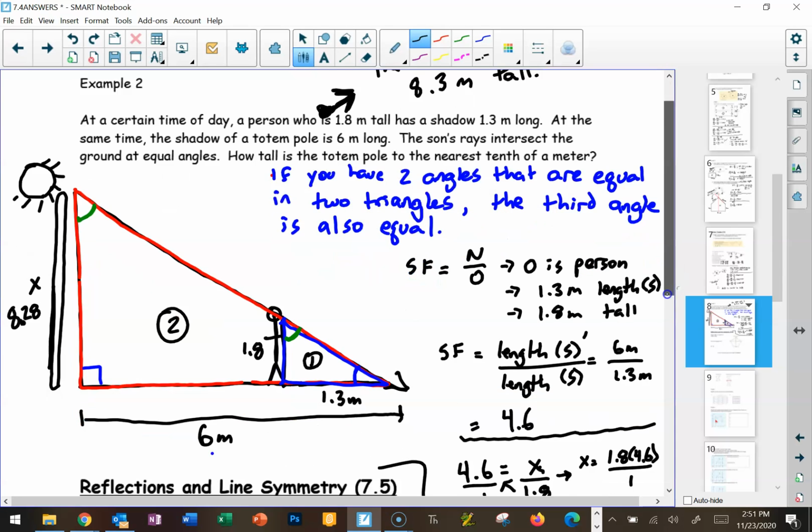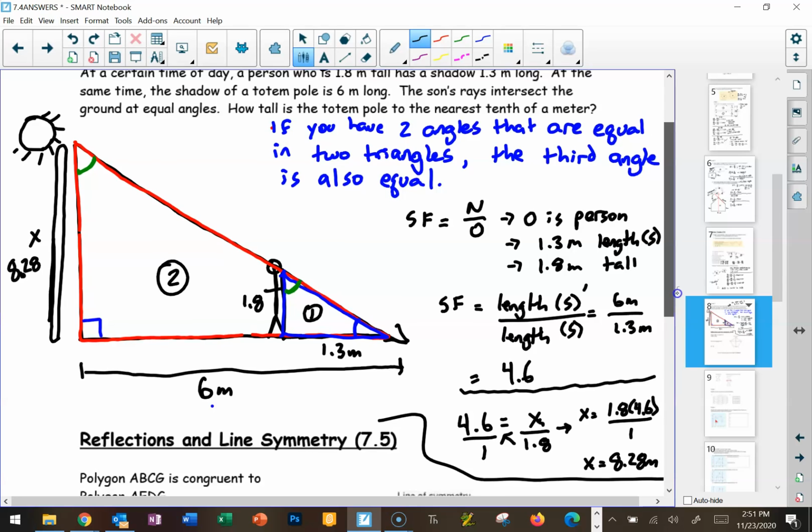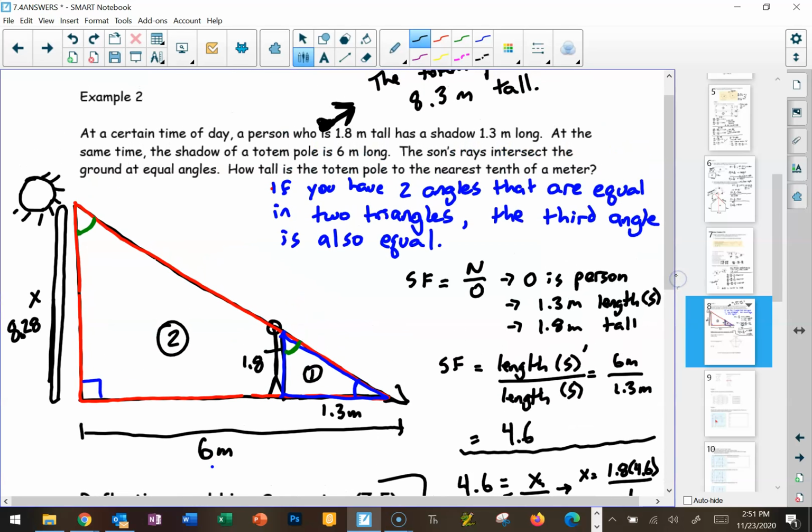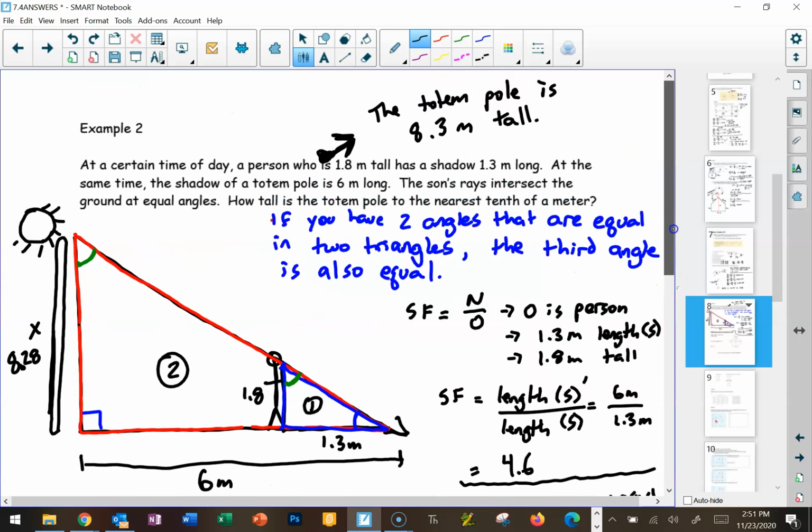All right. Now we can check this, or we could have done it a different way. I just want to indicate another way of doing this, but I don't want to take away from the first one. If we know that these are similar triangles, we can set up a direct ratio, because we said the scale factor equals n over O. Well, we also know that the scale factor would be the same here, so 1.3 relates to 6 meters, right?